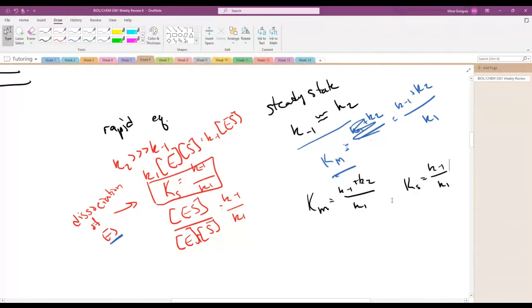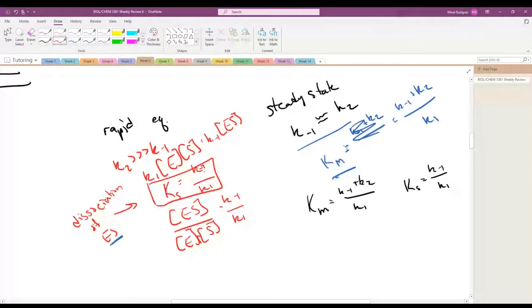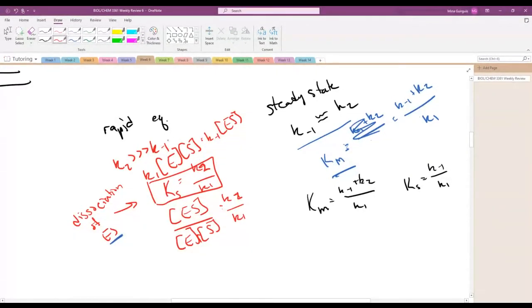That's what I did wrong. I wrote Ks wrong. This is K2 over K1, and it's only focused on the formation because we can ignore K-1 because K-1 is so small. That's what I did wrong.